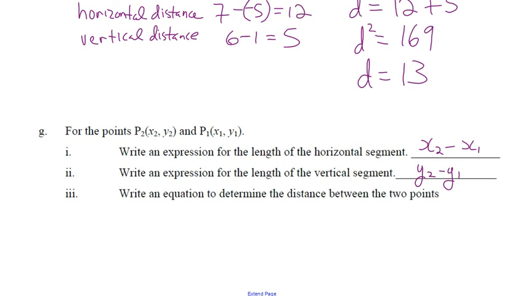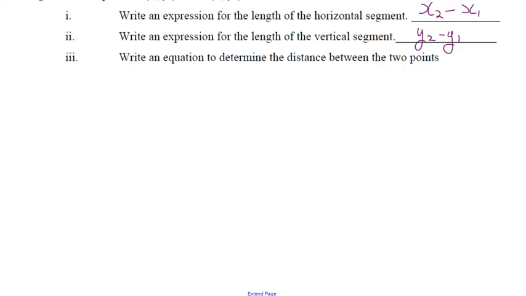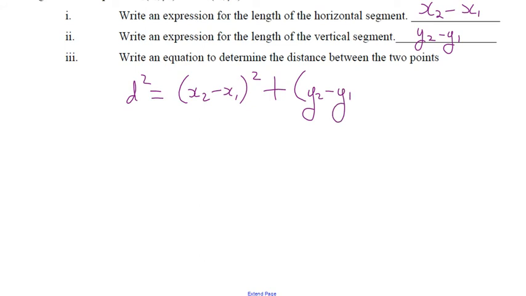Write an equation to determine the distance between the 2 points. (x2 minus x1) to the power of 2 plus (y2 minus y1) squared, all under a root. So let's start with that, and now we'll do your idea, which is to take the root.